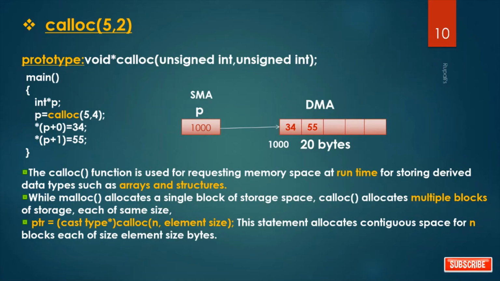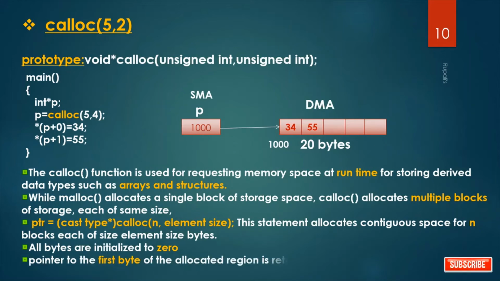Here n is 5 blocks and element size is 4. All bytes are initialized to 0 by default in case of calloc. A pointer to the first byte of the allocated region, here 1000, is returned to the pointer p.